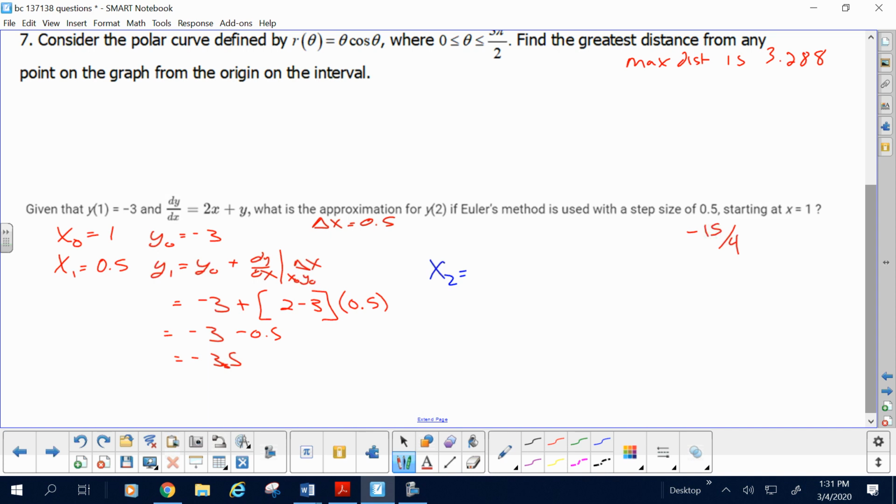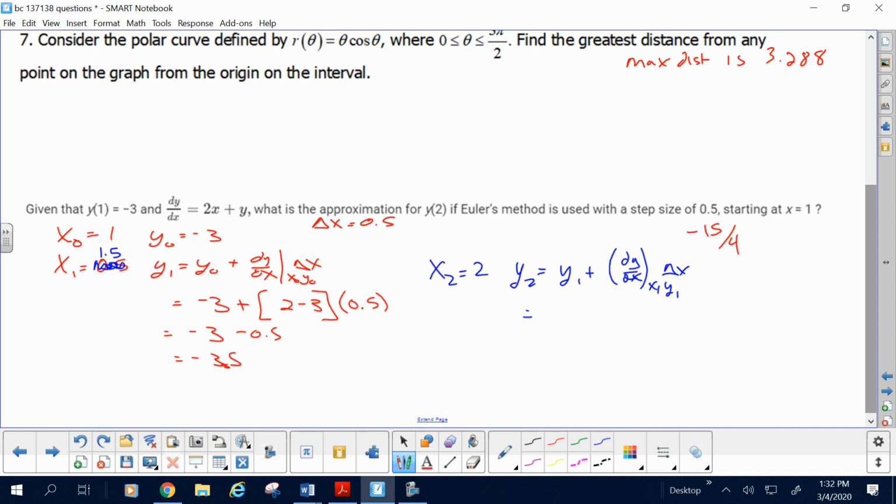I screwed this up, sorry. I started at 1 and went up 1/2, so x1 is 1.5, yeah? Sorry about that. x2, going from 1.5 up another half takes me to x2, which is 2. y2 is y1 plus the derivative at the previous point times delta x. Formula.